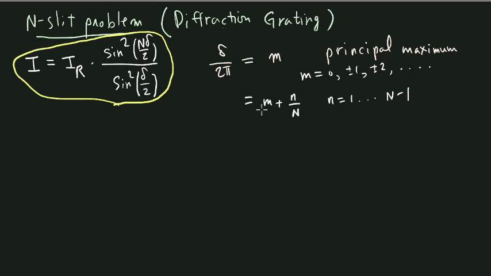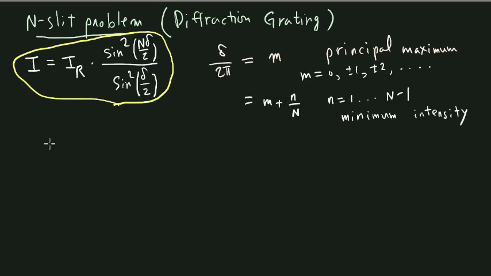So for any fixed m value, you have n minus 1 minima, which is created by l going from 1 to n minus 1. So that's minimum intensity. That's how you can understand the intensity pattern that I plotted on the previous slide.